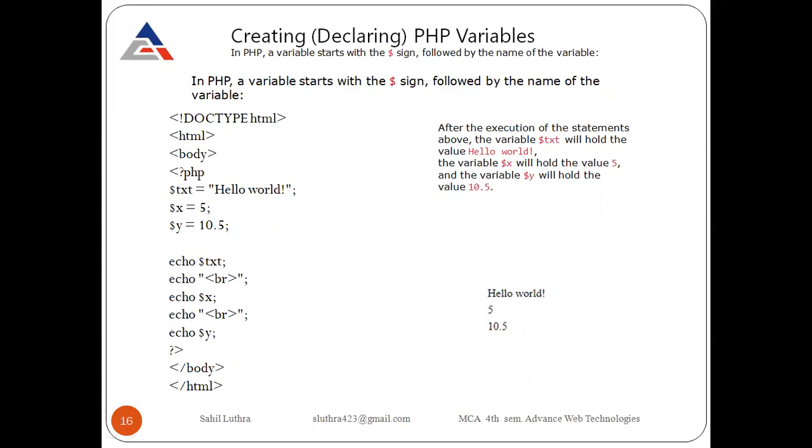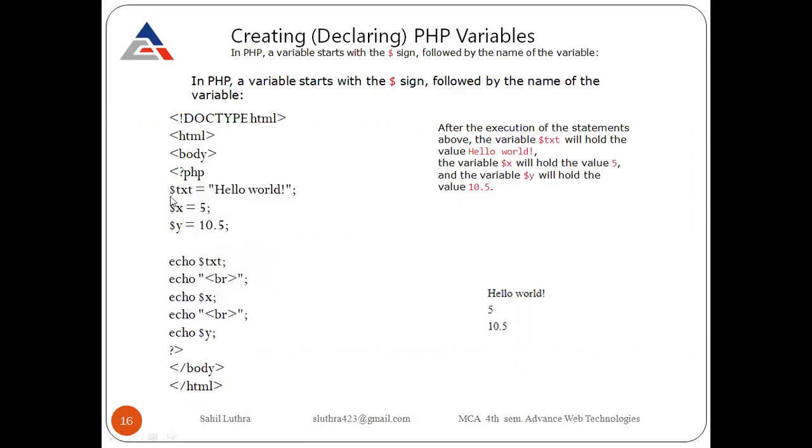Now we are going to discuss how we can declare a variable in PHP. So the first one is less than question mark PHP, and after that $txt. So this is the dollar sign, because in PHP every variable is declared with the help of the dollar sign. First the dollar sign, and after that the name of the variable, which is txt.